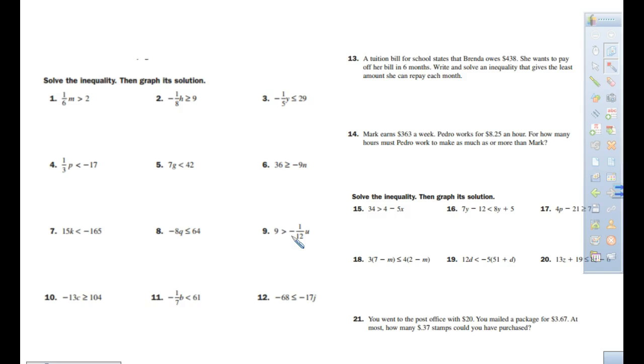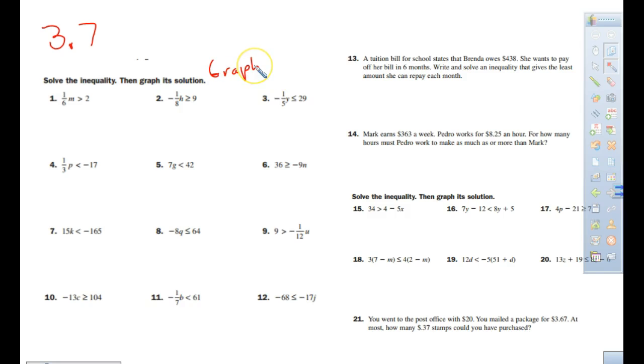Oh yes, 3.7 at the top. Okay? If you're starting, you're asked to graph these also. I'm going to say let's graph every other one. Okay, so graph the odds only.